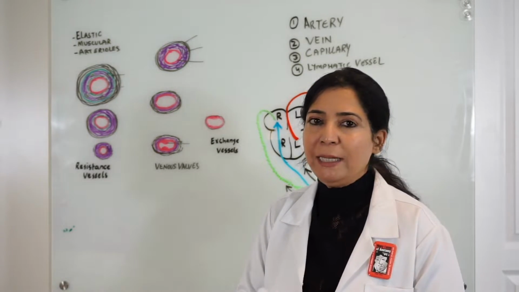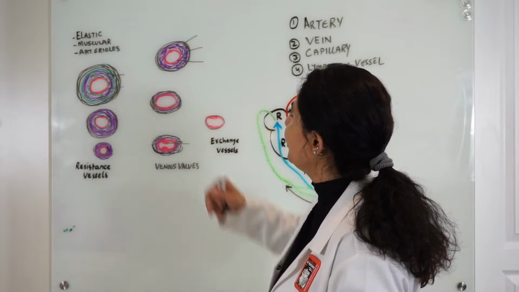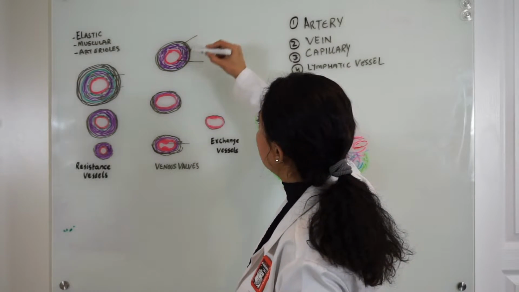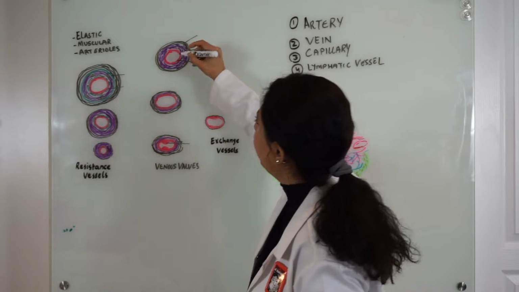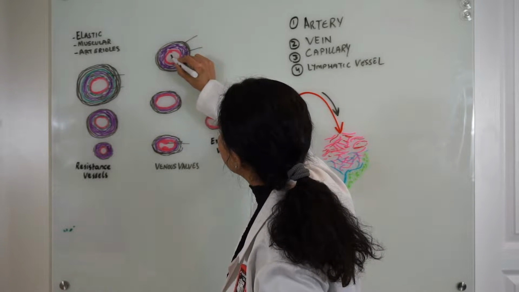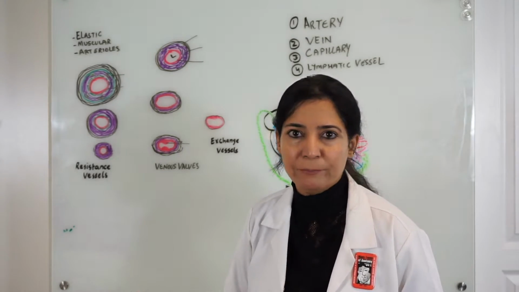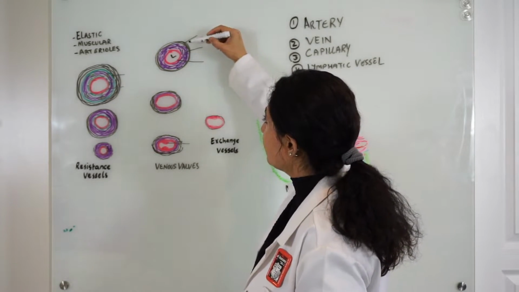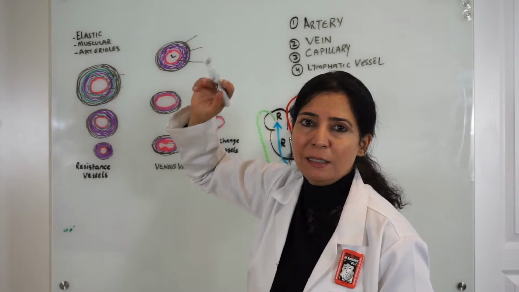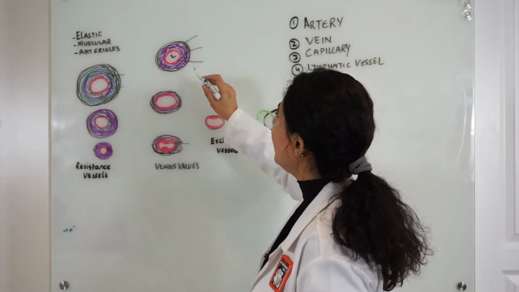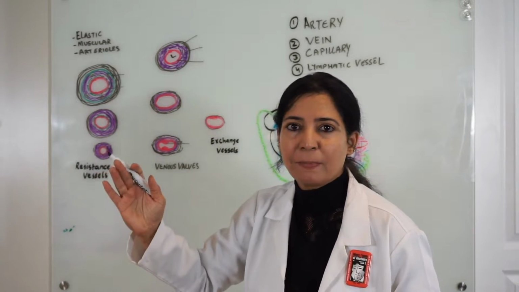So I have certain structures to be labeled, right? So this is the lumen or the center of the vessel, which is carrying blood or lymph or whatever. While the wall is thick, just like any other tube's wall, and it has been divided into segments, right?